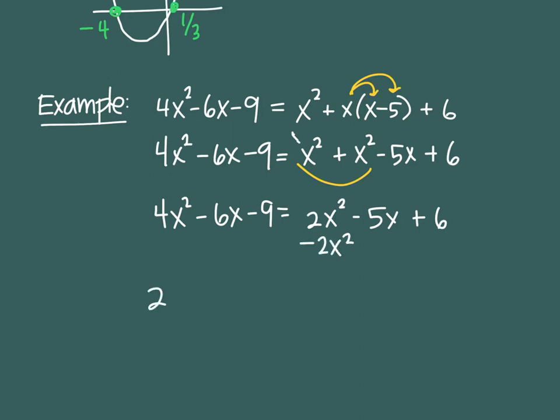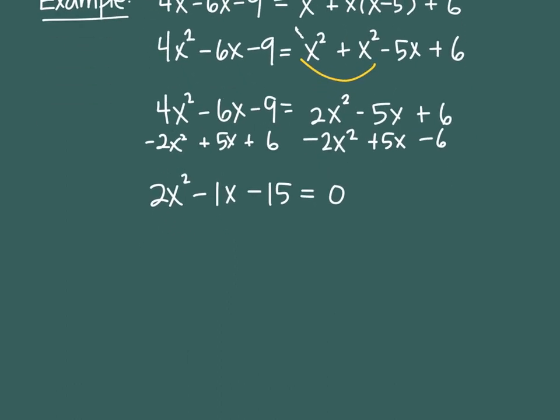That's going to give me 2x squared. I'm going to add 5x. That's going to give me negative 1x. And I'm going to subtract 6, and that's going to give me negative 15. So I'm going to move everything from one side to the other. And now it's equal to 0. That'll be what I'm going to graph in my graphing calculator. All right, the first time that you're equal to 0, that's what you're going to graph.